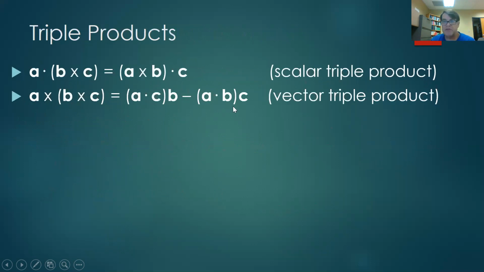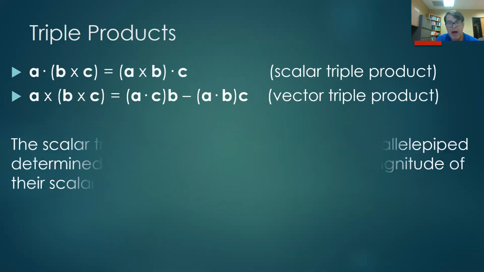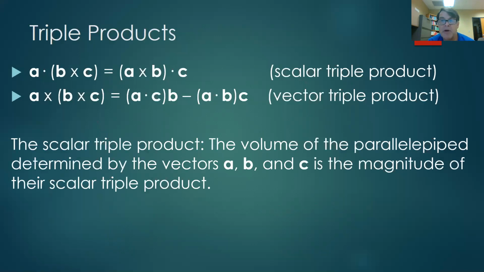What is the significance of these? Well, the vector triple product is going to show up, they tell us, in chapter 14, where we talk about Kepler's law. So hold that thought. Vector triple product will be showing at a theater near you in the next chapter. But there is a geometric interpretation to the scalar triple product.